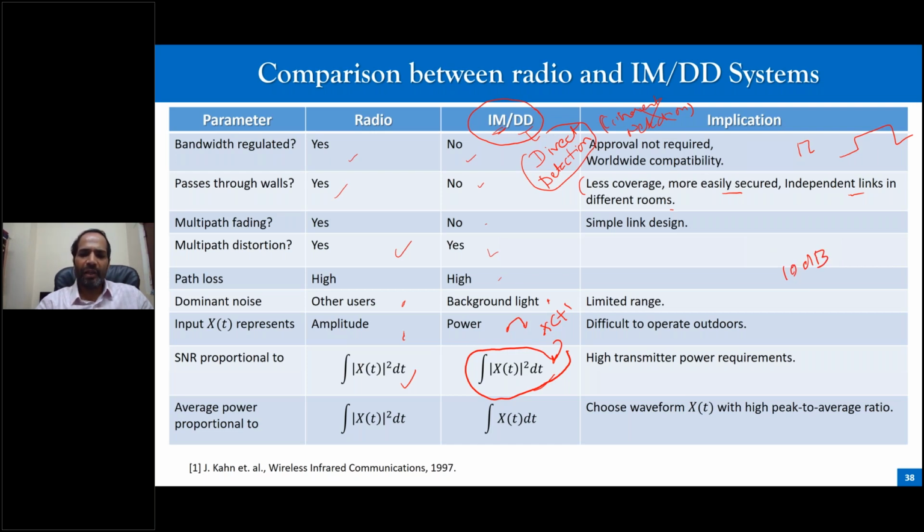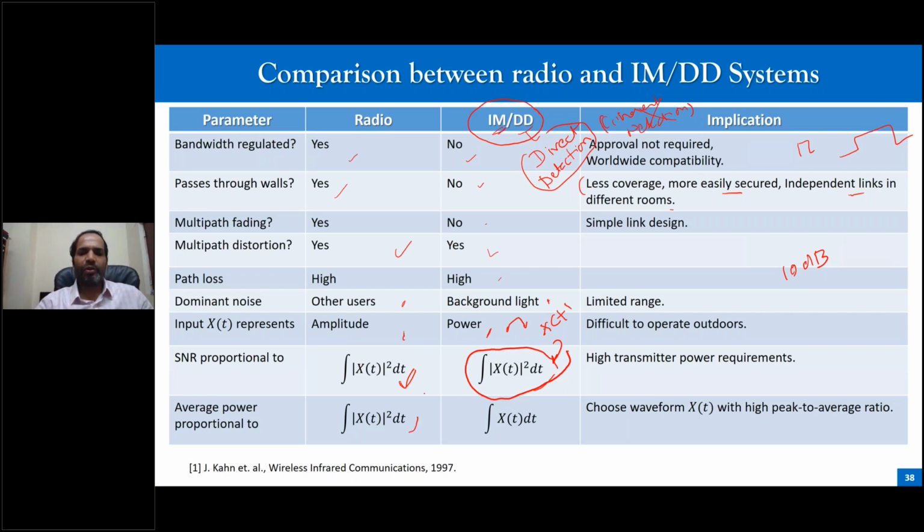To maintain the same signal to noise ratio, the power here must be doubled, right? Because the power here is xt, whereas the power here is the same quantity. So optical systems typically require higher transmitter power.